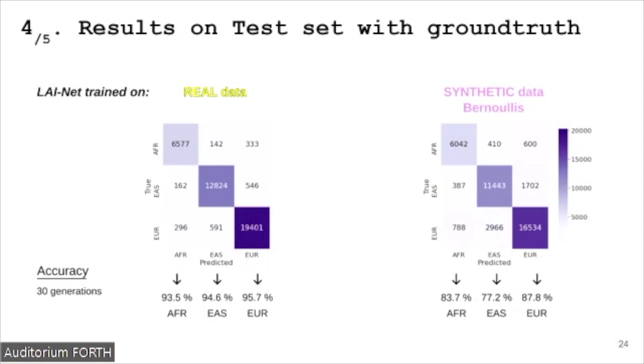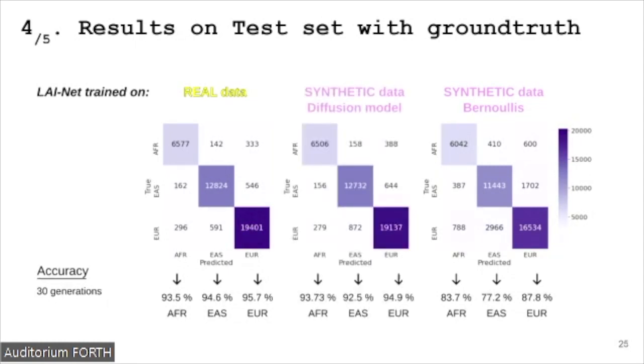And here, surprisingly, it's already decently good, from 77% up to 88%. And finally, we have the Linet model trained on the synthetic data coming from the diffusion model. And here, the performance kind of matches the model trained on the real data while being slightly lower.